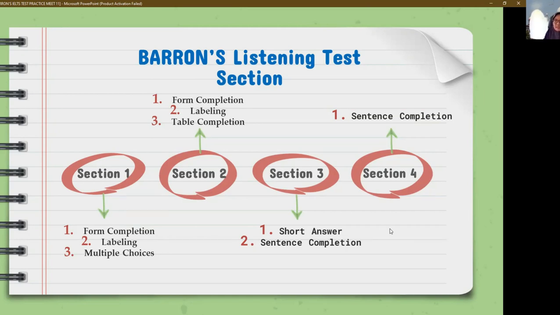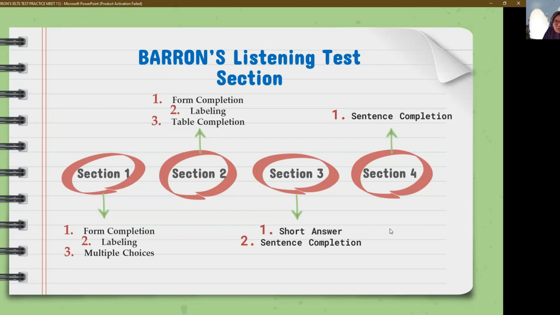And then the third, on the second section, is table completion. So it means here you have to complete the blank table with some information on it, and also the instruction: how many words you should complete related to the table, or what number should be completed. Sometimes it will be words or numbers.